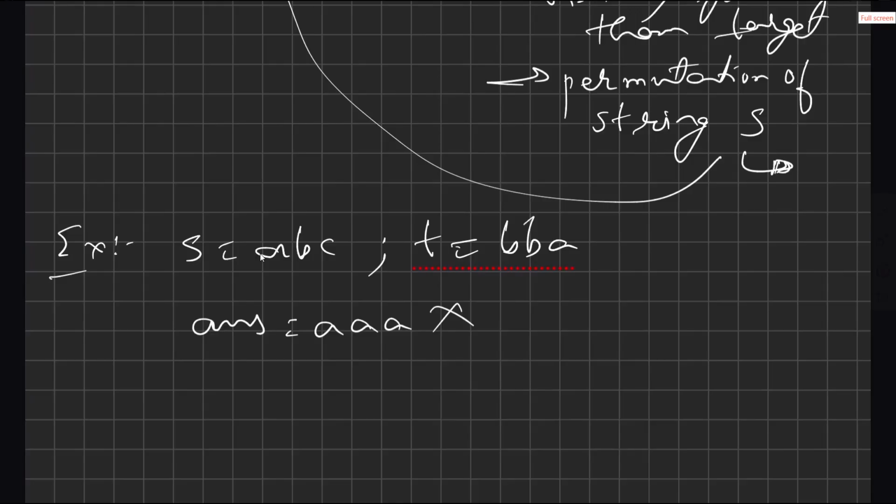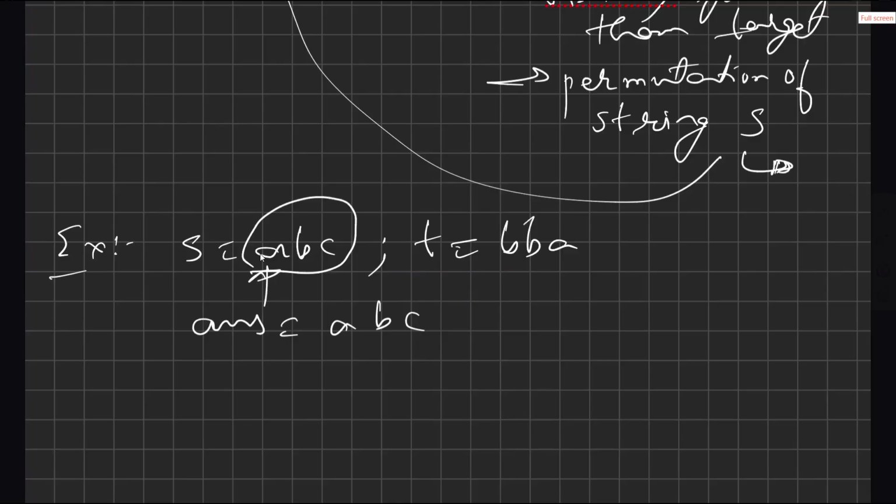The reason is that S is ABC, which has A only one time, but in the answer string you have three A's, which is not possible. You have to use A one time, B one time, C one time. Let's say this is your valid string.